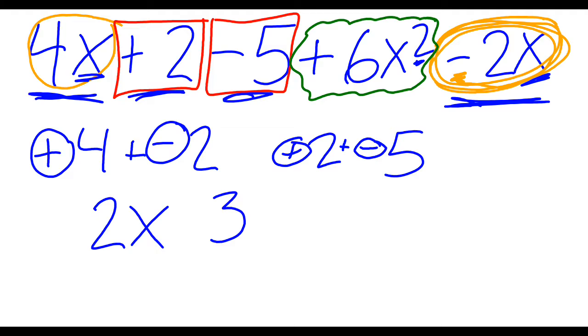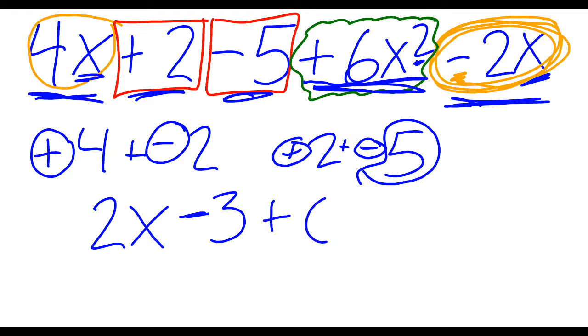And should it be positive or negative? Well, it should be negative because the bigger number value here is 5 and it is a negative 5. So this is going to be negative. So we're going to put a negative sign in between them. And you might be like, oh, but that's 2x minus 3. 2x minus 3 and 2x and negative 3 are the same thing. And now we're going to bring that 6x squared down because it doesn't have anybody else that's like it. So we just bring it down and leave it the way it is.